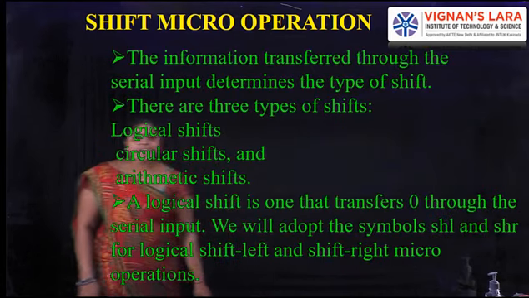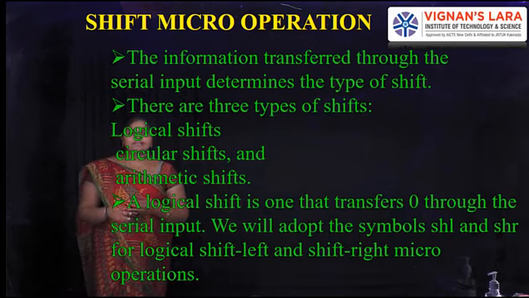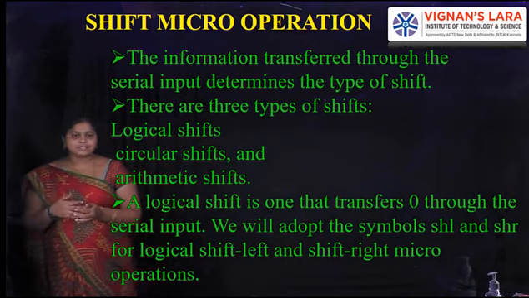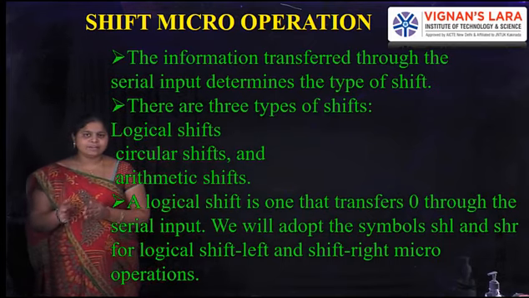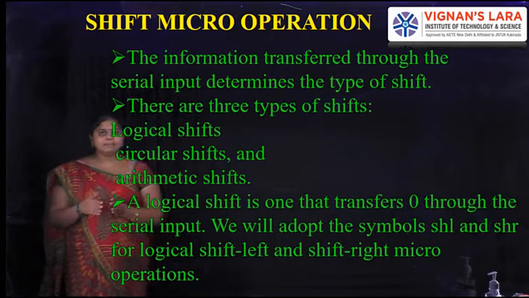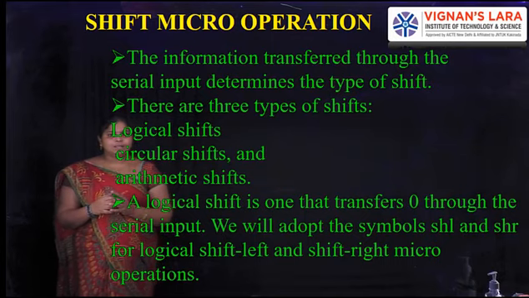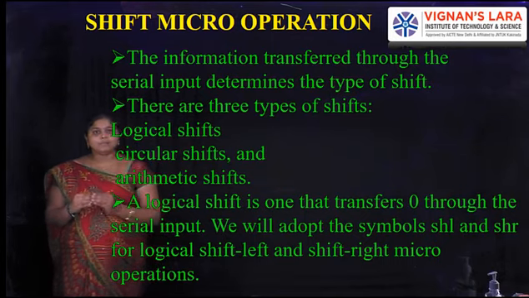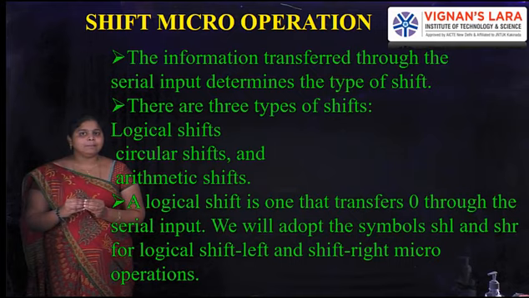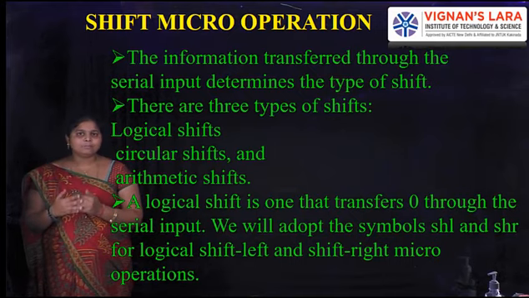Next, the information is transferred in a serial manner, whether it is 0s or 1s. The computer can access only zeros and ones, which is binary information. What is the meaning of binary information?